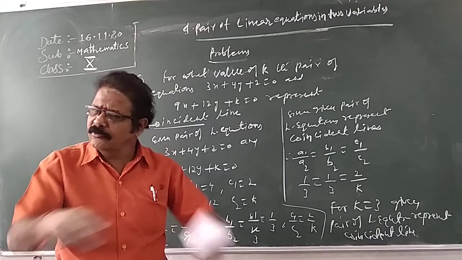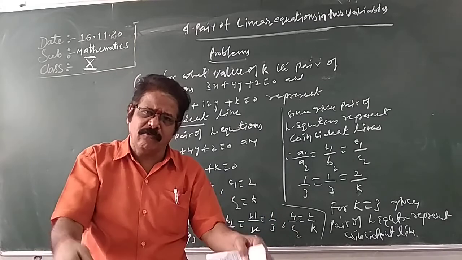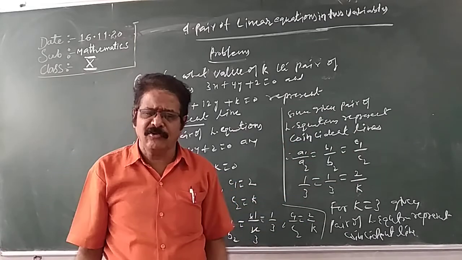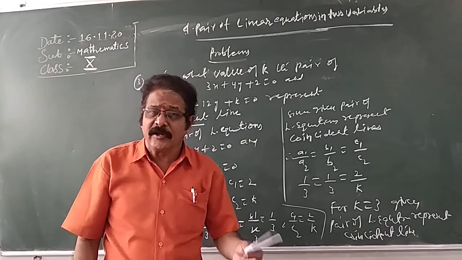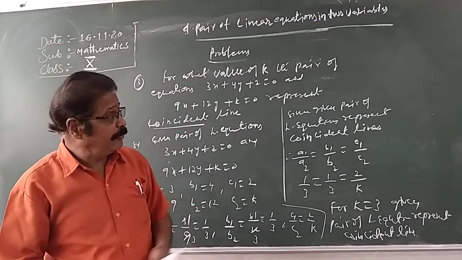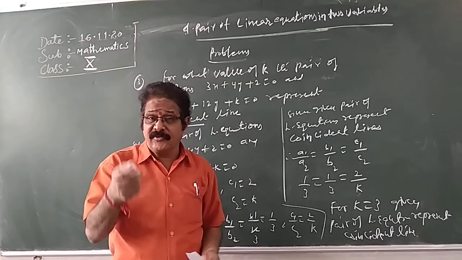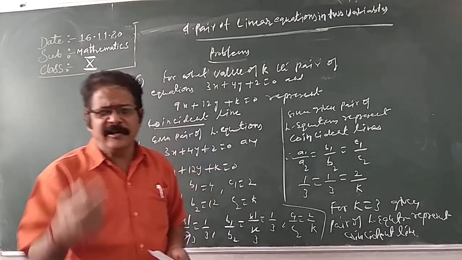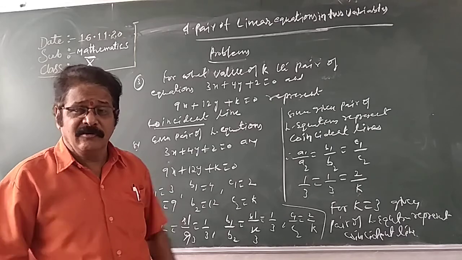If they don't intersect, no solution. If they coincide, one over the other, they have many solutions. Now, the remaining two methods I will explain in the next class. I hope you understood this, children. Refer to the textbook, and if you want, you can do any problems related to these. Okay, thank you.